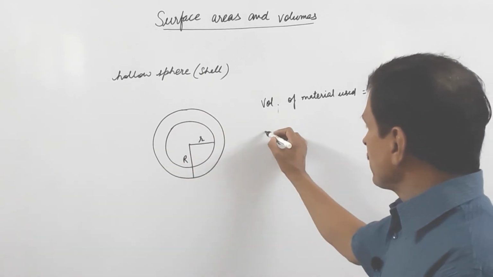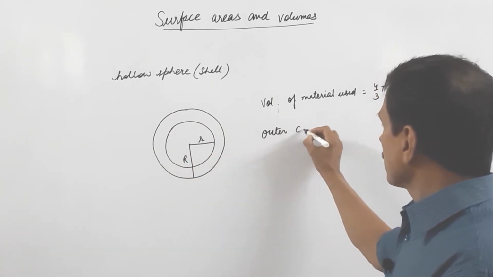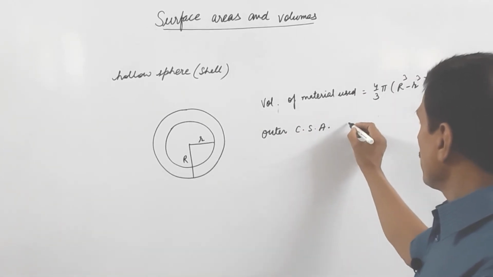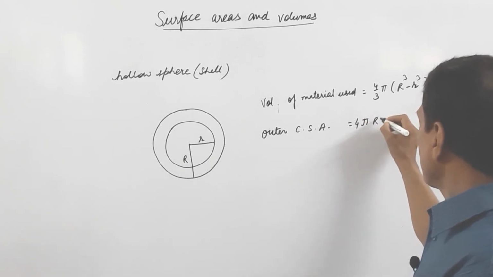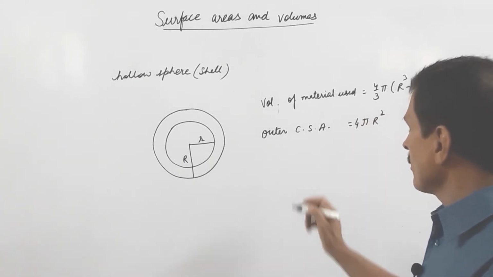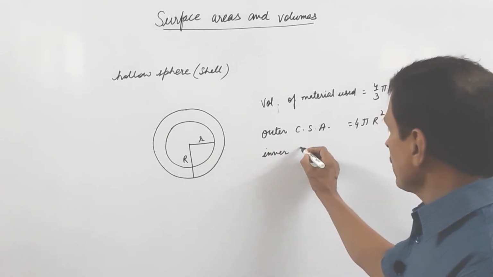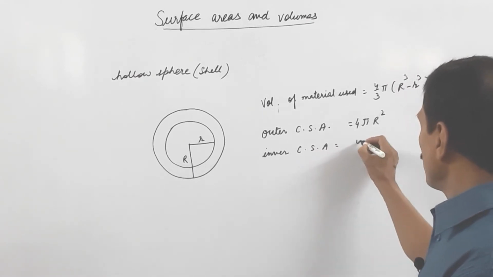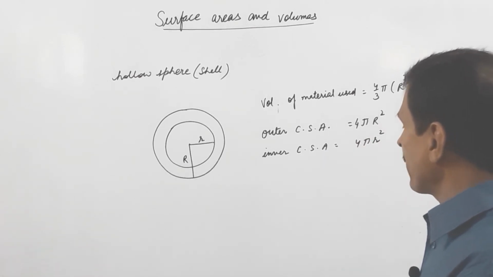Its outer curved surface area is equal to 4 pi capital R square. Inner curved surface area is equal to 4 pi inner radius square, 4 pi r square.